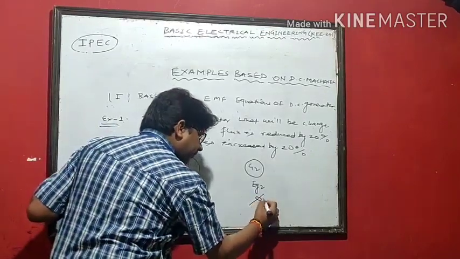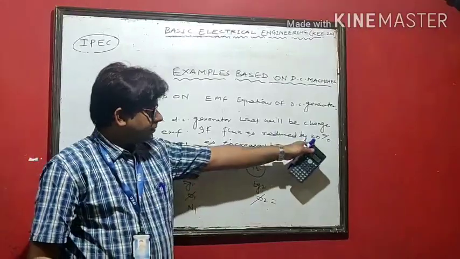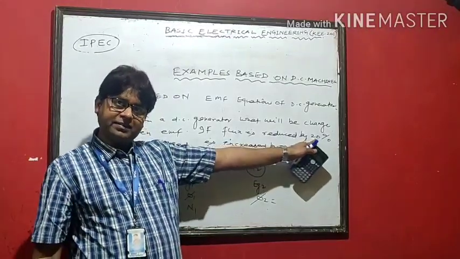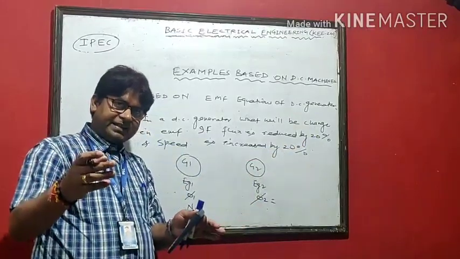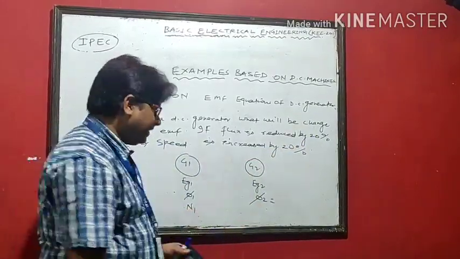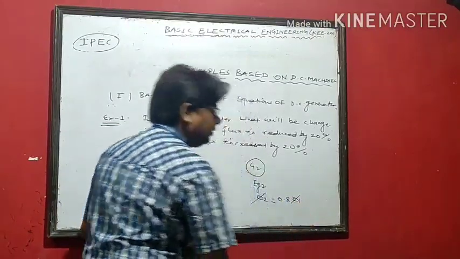Here phi 2 is reduced by 20%: 100 minus 20 is 80 divided by 100, that is 0.8.